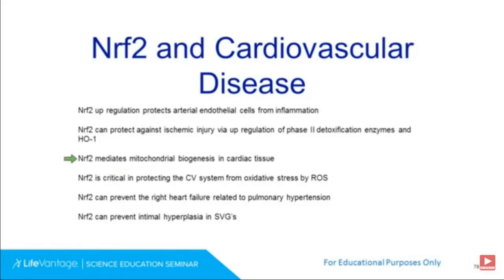And I don't know of any particular studies that have proven that, but I've seen clinical cases where that has actually happened. So it reduces the damage to the cardiovascular system from oxidative stress, can prevent right-sided congestive heart failure related to pulmonary hypertension, and it can prevent intimal hyperplasia in vein grafts, or plugging up of vein grafts that are used for bypass surgery.